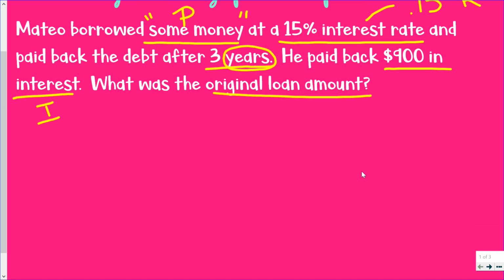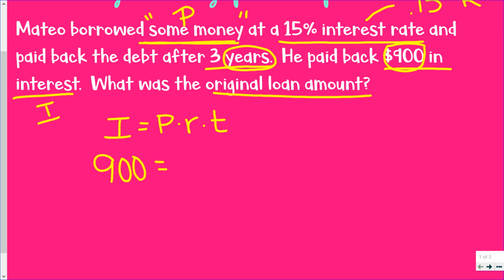All right, so I'm going to state my formula again. I equals P times R times T. So we have our I right here is $900, so the interest is 900. Our P is missing because it's some money that we borrowed, which we don't know.